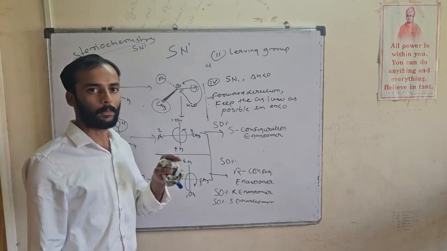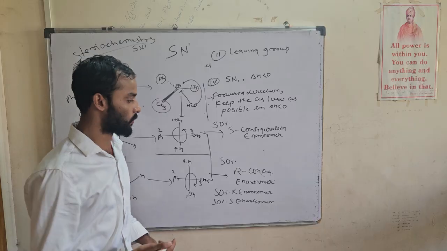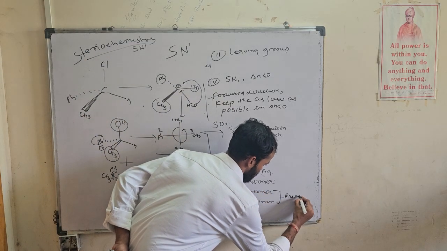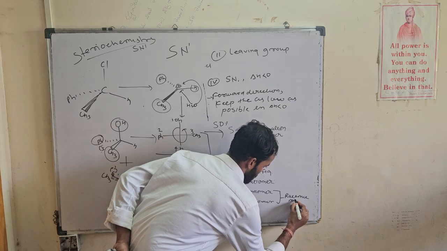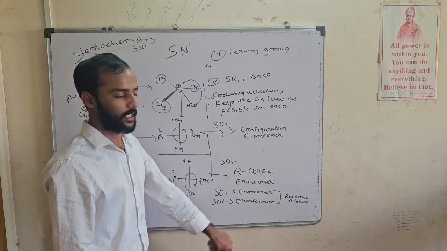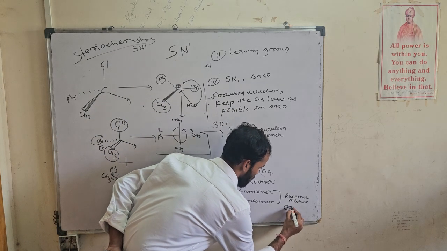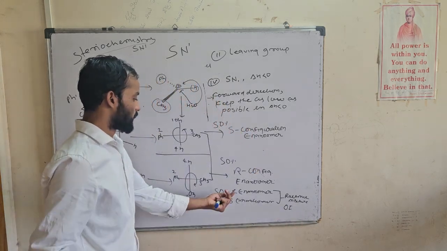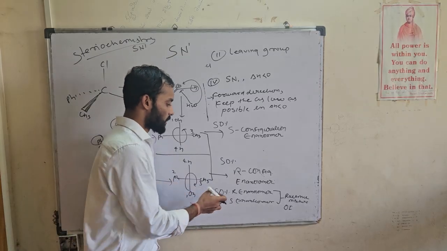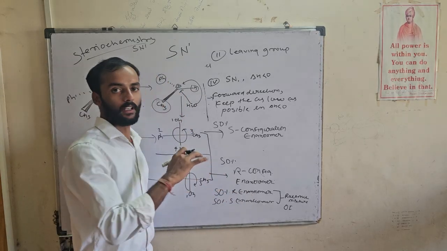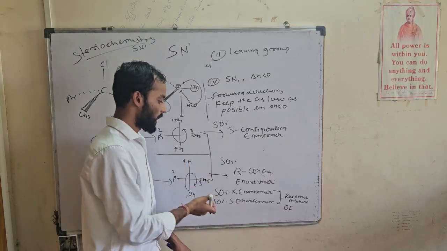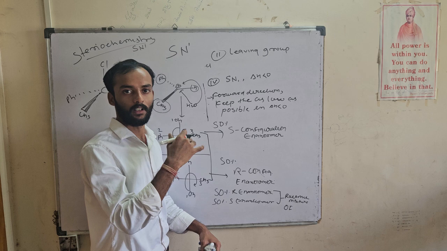And we know that a 50% enantiomeric mixture is known as a racemic mixture. This racemic mixture is optically inactive. Why? Because the R enantiomer will rotate the plane polarized light by the same magnitude as the S enantiomer will rotate, in the opposite direction.